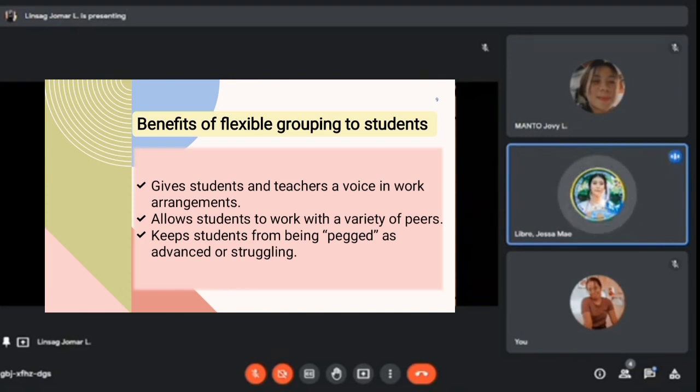Pegged means described as advanced or struggling students. Now, when you are in a group of peers that are more advanced or struggling, the group is working to have everyone develop understanding, or a group mindset to accomplish group tasks. All in all, flexible grouping helps support accelerated learning, and it also increases students' engagement and supports their social and emotional needs.